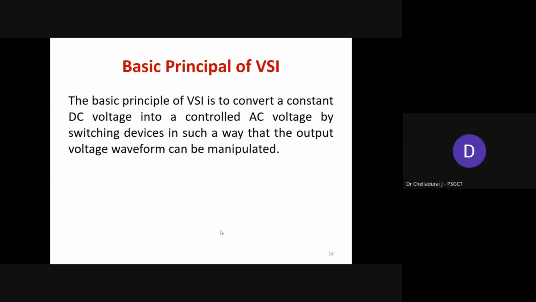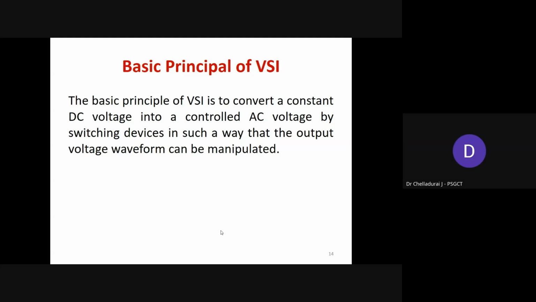Because of all these drawbacks of CSI topology, in most practical applications the preferable topology is VSI rather than CSI. Only if the current magnitude or total power exchange is very high, normally in terms of megawatts, is the CSI topology preferable to VSI.